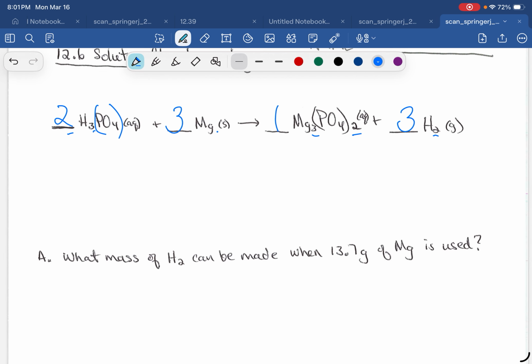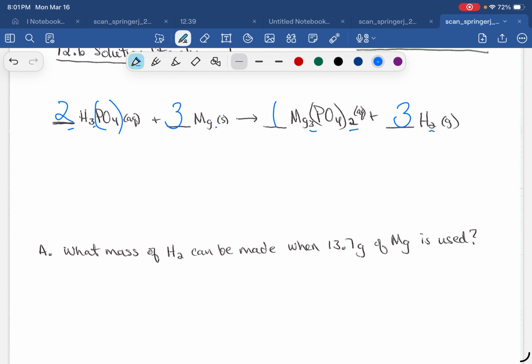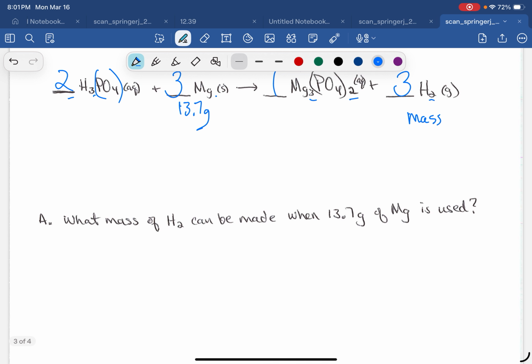In this first problem, part A, it says what mass of H2 can be made from 13.7 grams of Mg. This is just straight stoichiometry like we were doing in January. We'll start with the magnesium, the given, 13.7 grams of magnesium.